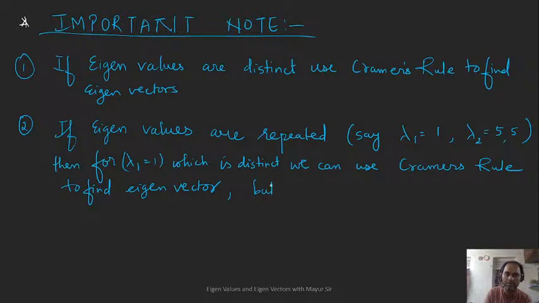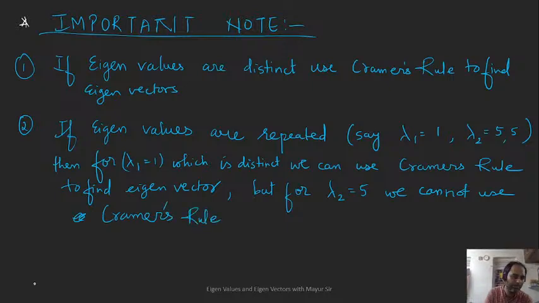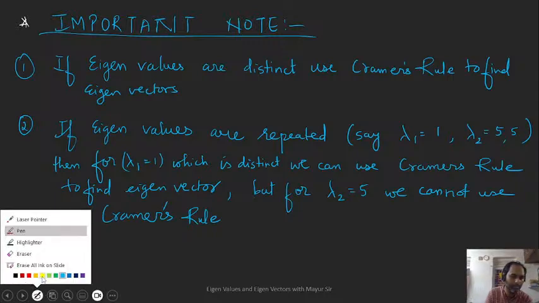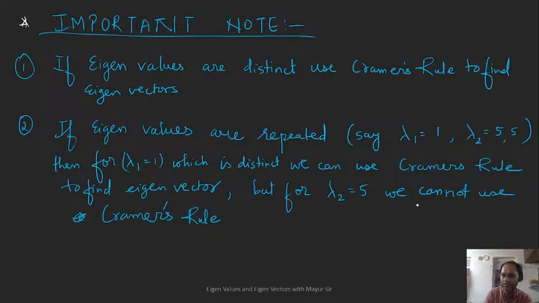But for lambda 2 equal to 5, we cannot use Cramer's rule. Okay, we cannot use Cramer's rule. This is the main thing.